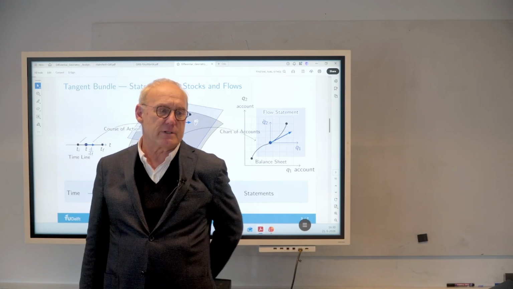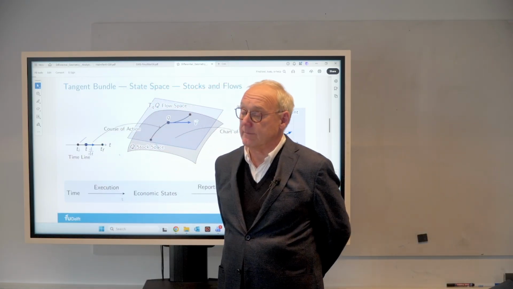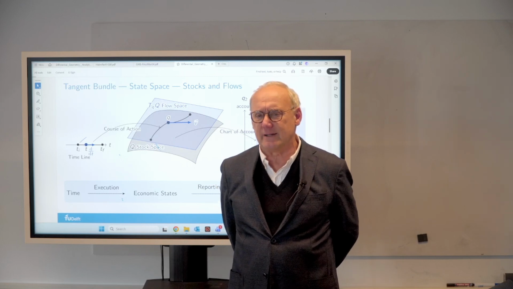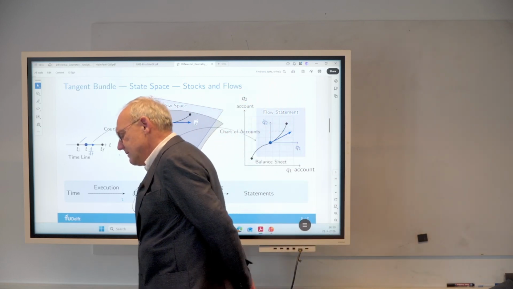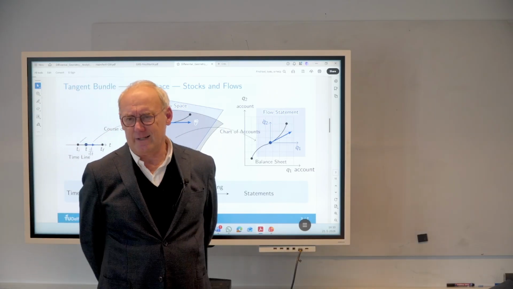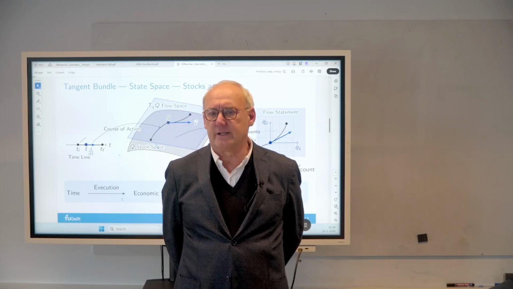Riemann was a rather brilliant mathematician, in my eyes, in the 19th century. He was the first to see that you can do this kind of minimum path work in arbitrary spaces. It doesn't just have to be Euclidean space.